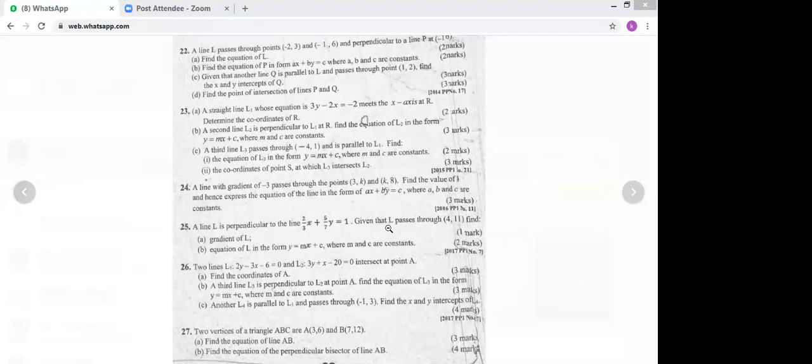Taking a point (x, y) and (-2, 3), y - 3 over x + 2 equals 3 over 1.